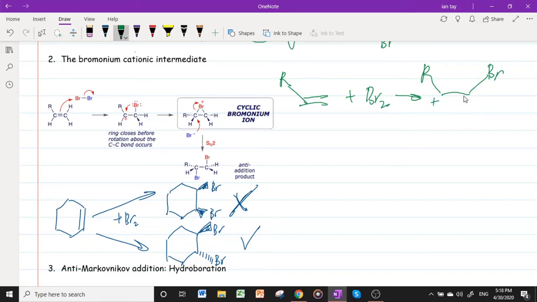Notice that this is a planar carbocation, so the bromine can attack from above or below the plane, giving a racemic mixture.